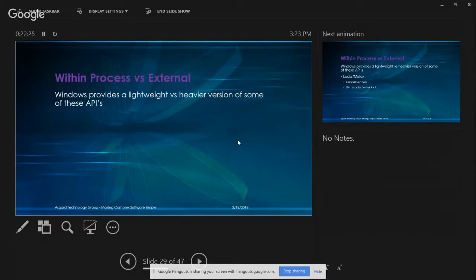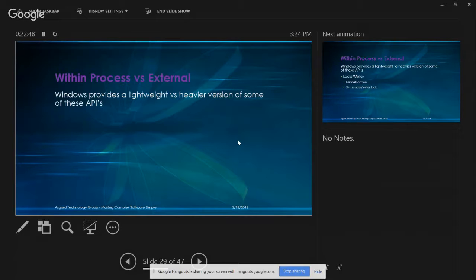Very briefly, Windows provides a lightweight version of all of those multi-threading structures for use within a process, but they also provide a heavier version that'll work across processes and even across machines.